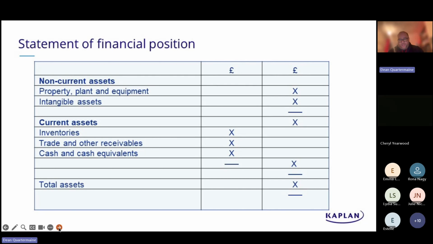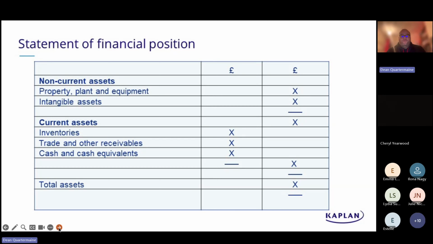The current assets, nothing new there. Inventories, trade and other receivables, cash and cash equivalents. So they're just different words for what you've seen before. The other key thing is if you're going to do this properly, and I don't think AAT penalises you for putting things in the wrong order, but really current assets should be in reverse liquidity order.